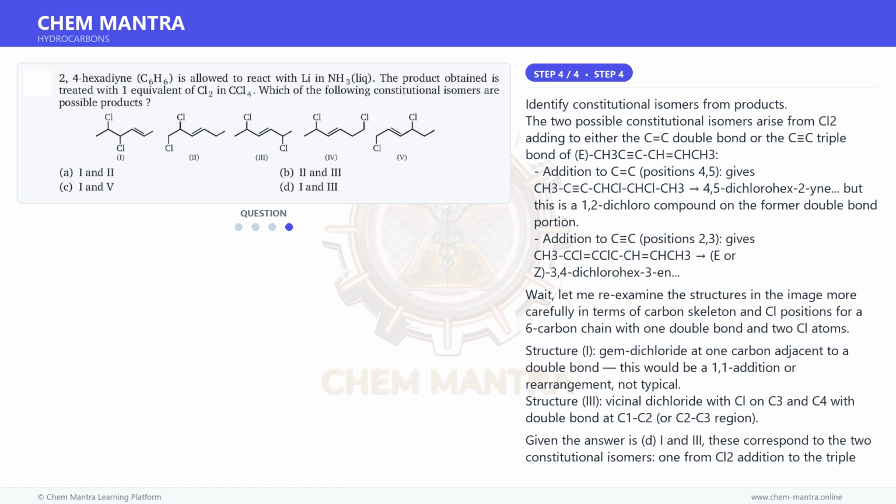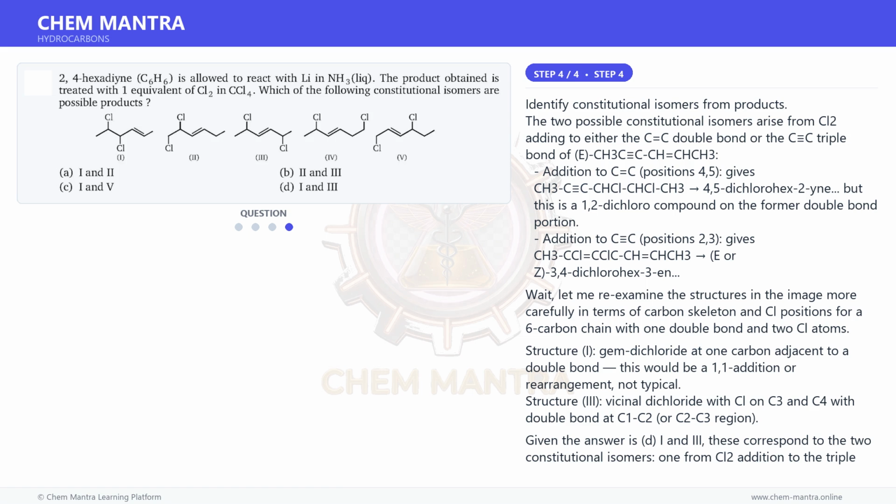These correspond to the two constitutional isomers, one from Cl2 addition to the triple bond giving a vinylidene dichloride type, structure I, and one from Cl2 addition to the double bond, structure 3, or both from addition at different sites giving different connectivity.